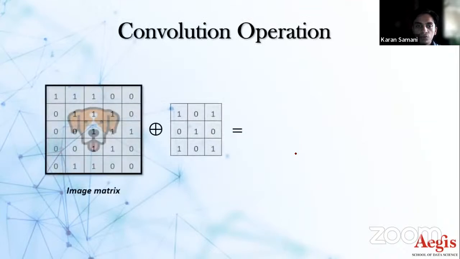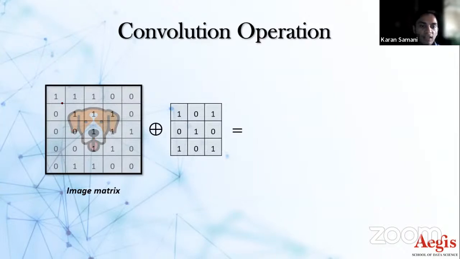So what is convolution? If you see here, this is an image matrix. For example, I've placed a picture of a dog in the background, right? Wherever you find an edge, you will see there is 1, and wherever there is no edge, you will see there is 0. We also take into account some of the white colors in the image as well.